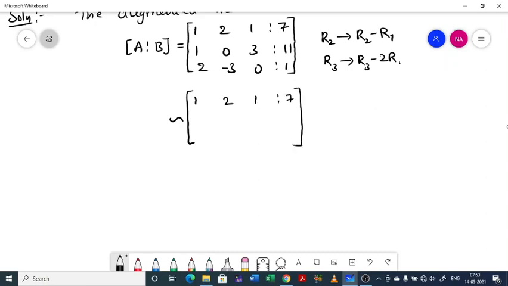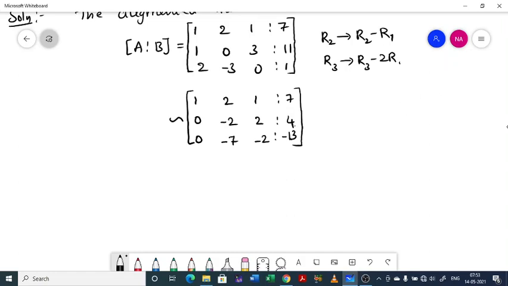Now 1 minus 1, 0, 0 minus 2, minus 2, 3 minus 1, 2, 11 minus 7 is plus 4. And 2 minus 2, 0, minus 3 minus 4, so it is minus 7. And 0 minus 2, so it will be minus 2. 1 minus 14, so it will be minus 13.